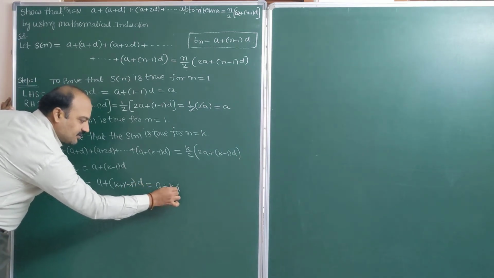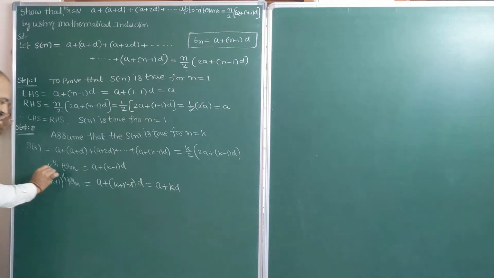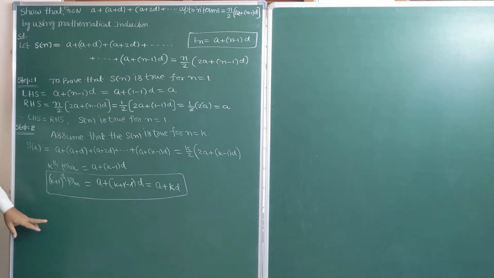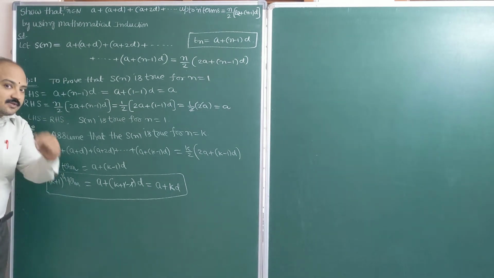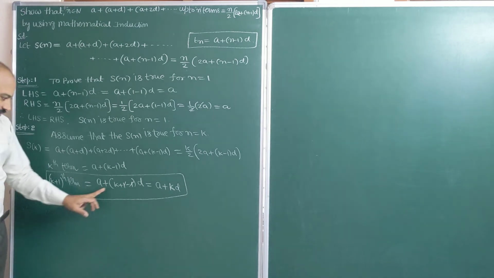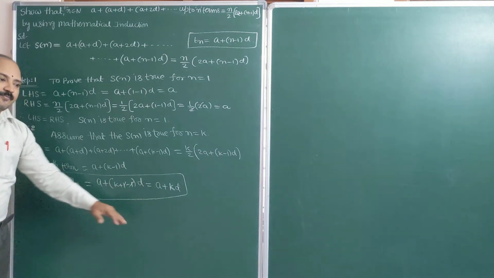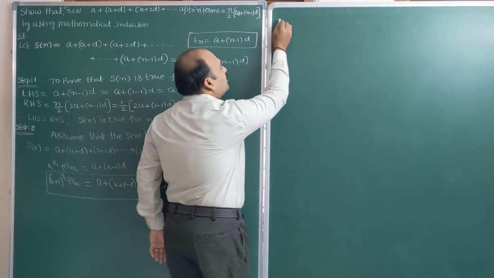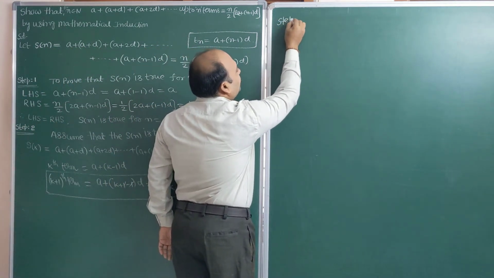Remember, students, this is the required one. We take the help of the kth term for the third step. We need A plus kD. So the second step is completed.